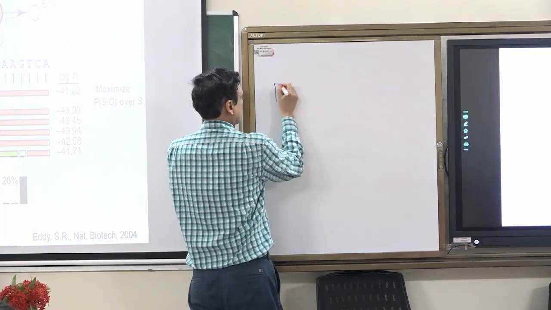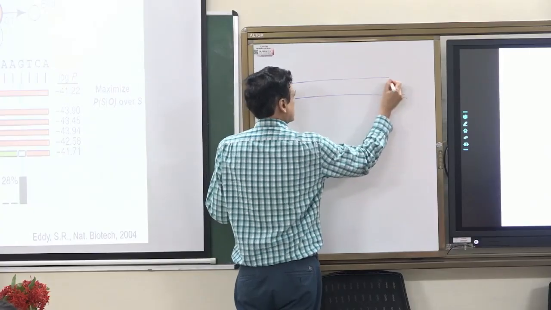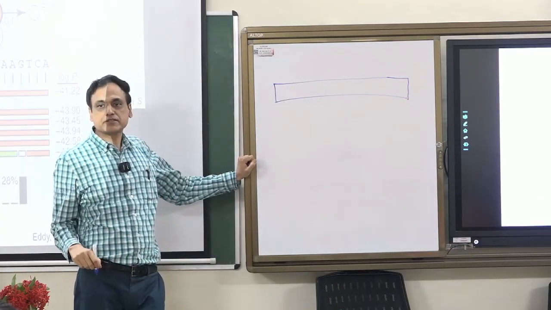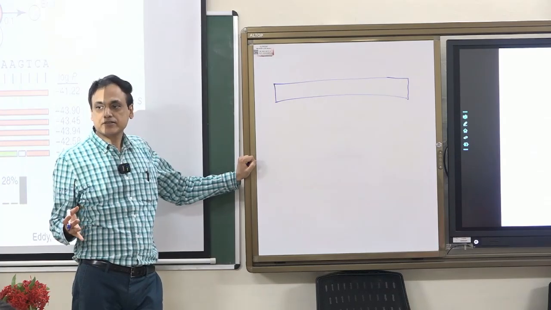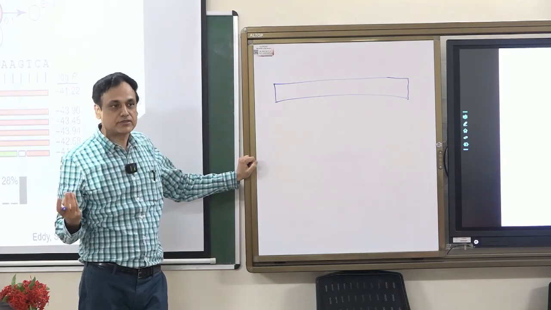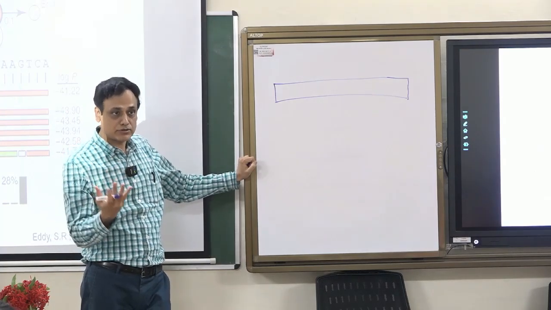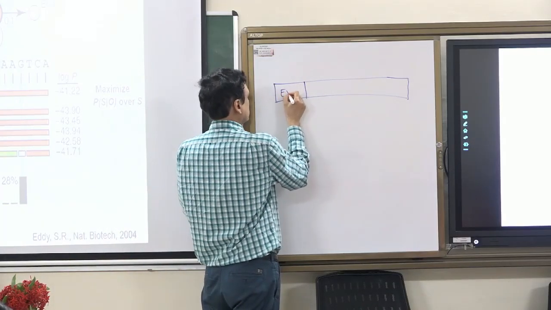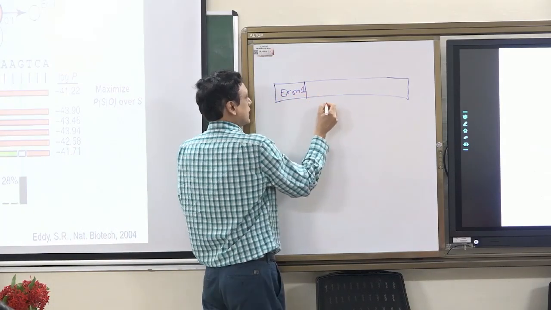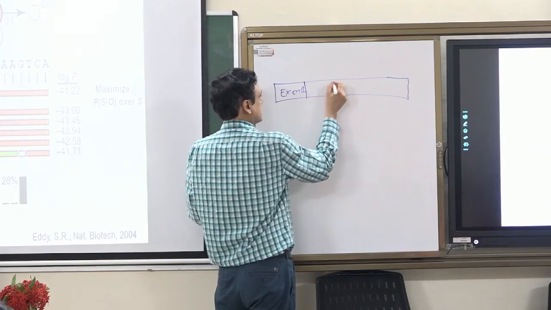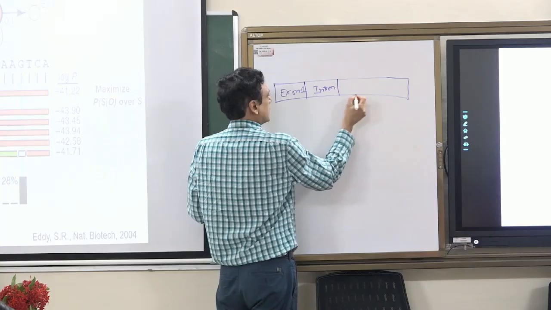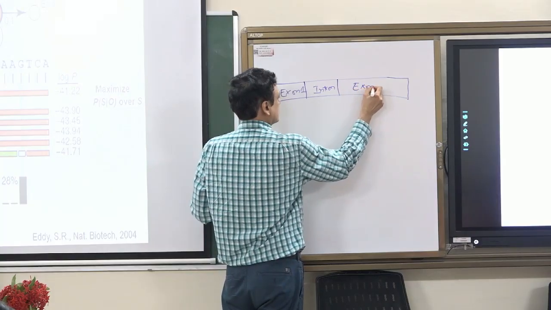So, eukaryotic gene. Typically, a eukaryotic gene has coding sequences that are interrupted by non-coding sequences, and the coding sequences are called exons. Let's say this is exon 1, and then this is intron, and this is exon 2.